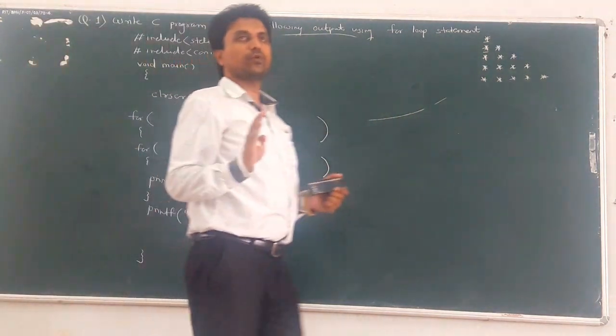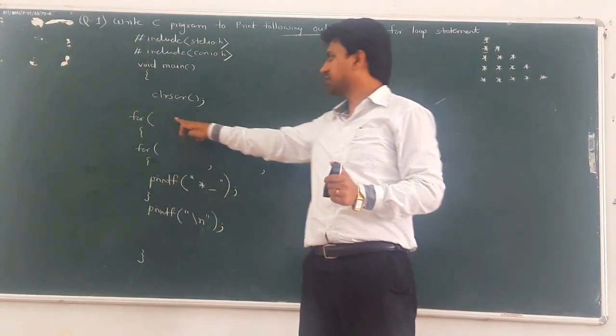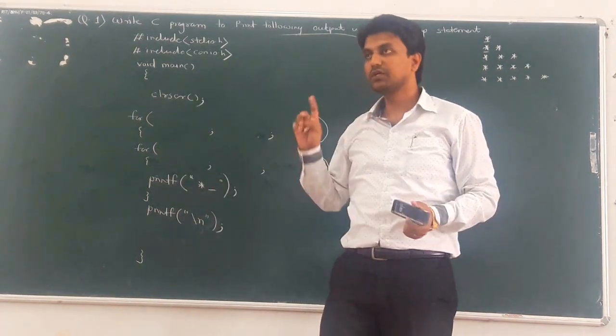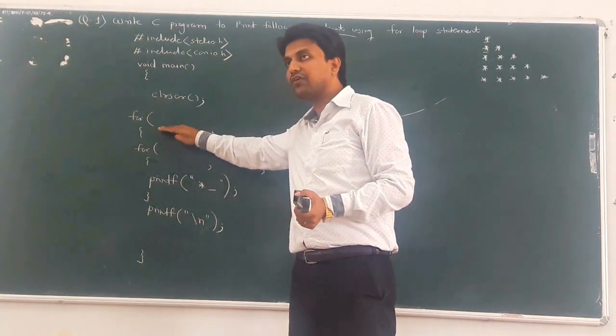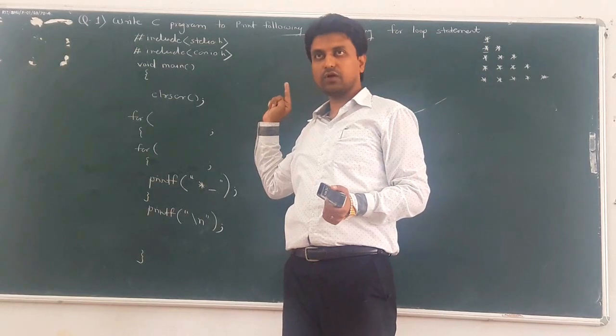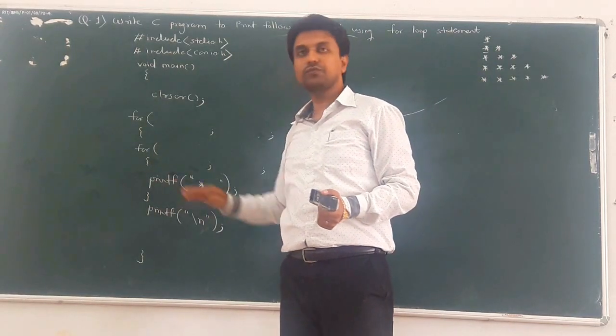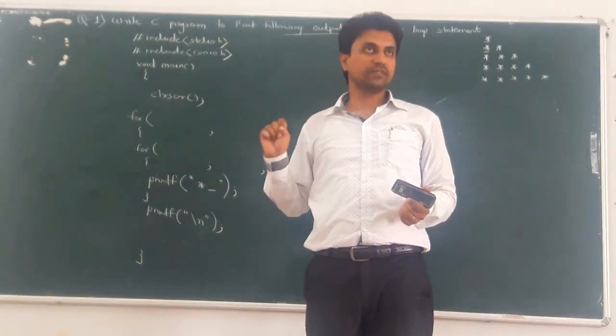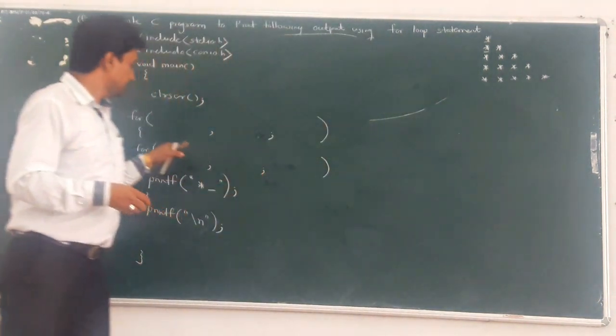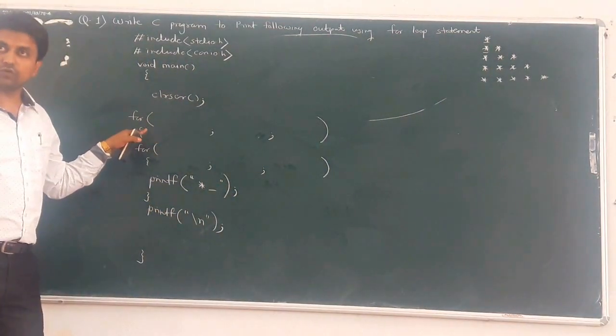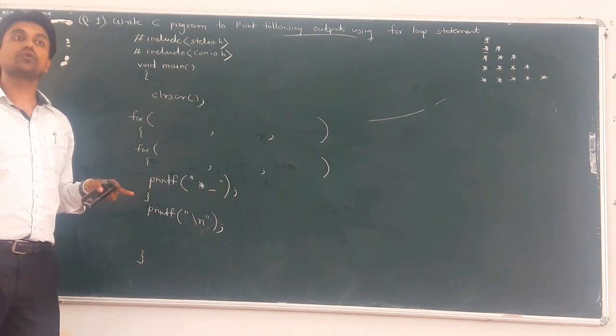Every time in C programming, if there are 2 for loops, this is the outer for loop and this is the inner for loop. So in that type, the outer for loop gives you the number of rows, and the inner for loop gives you the value of columns.